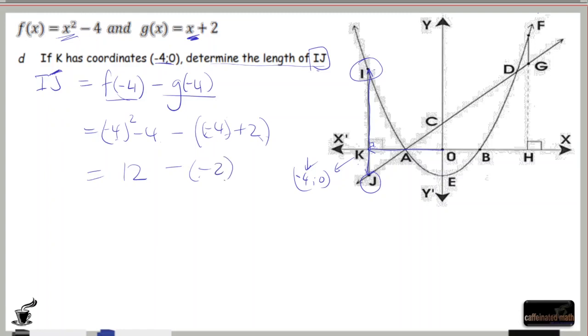That's just minus 2. And drums please. It should be 14 units straight up. That is good to me. What does the memo say? It agrees fully. It should be full marks. Completely. Right.